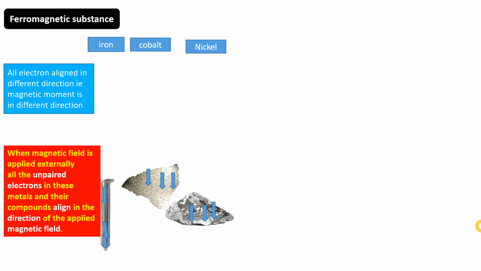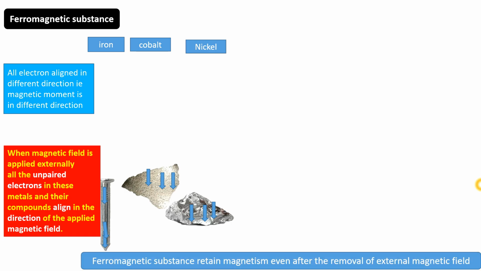Even when the magnetic field is removed, the magnetic moments will not get randomly oriented. There will be a permanent magnetic dipole moment inside the ferromagnetic substance, and so a ferromagnetic substance can retain magnetism even after the removal of the external magnetic field.